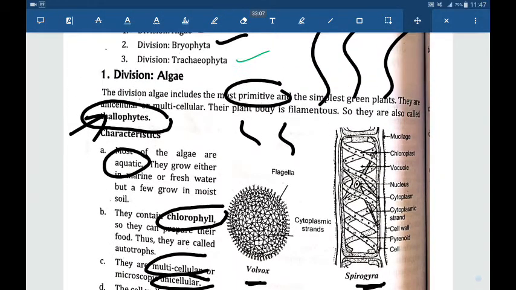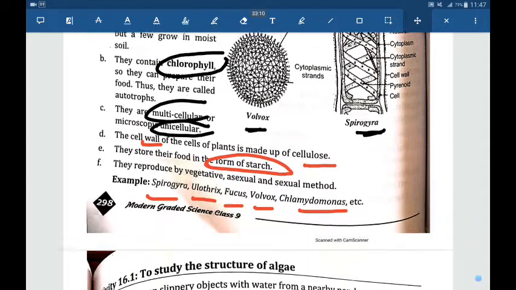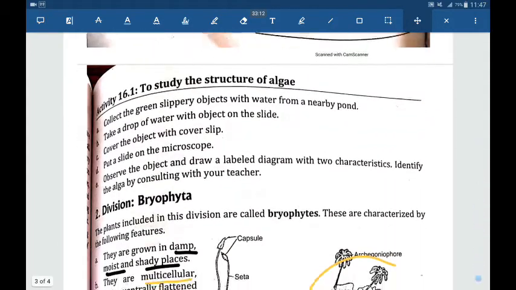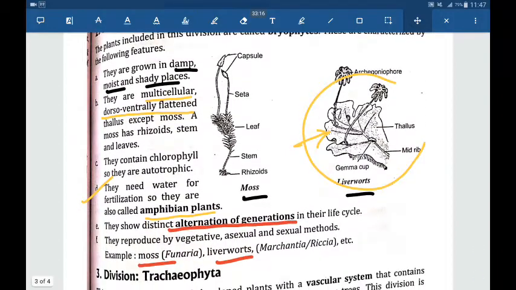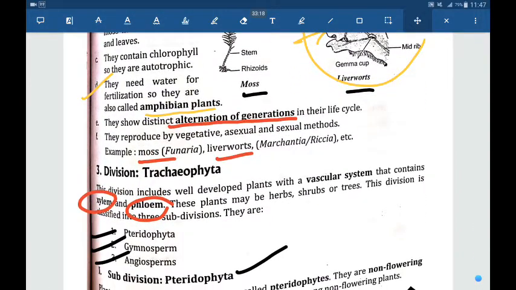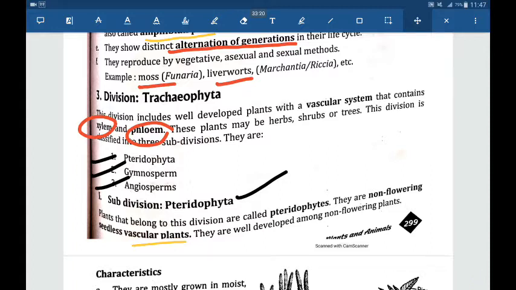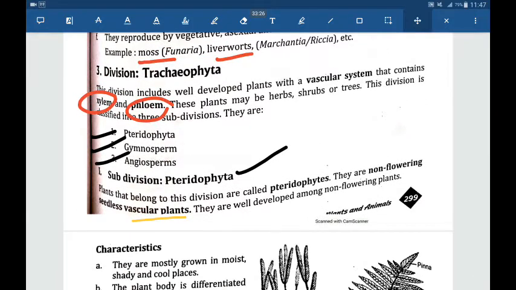Then we discussed division algae, characteristics, examples, division Bryophyta, characteristics, examples, Tracheophyta, where vascular bundles are present, meaning xylem and phloem are present. 3 subdivisions: Pteridophyta, Gymnosperm.